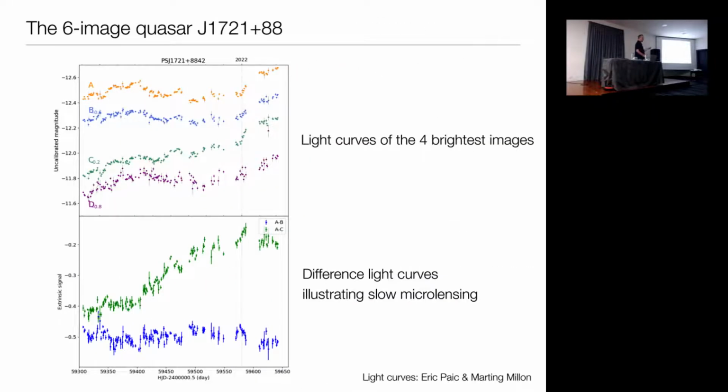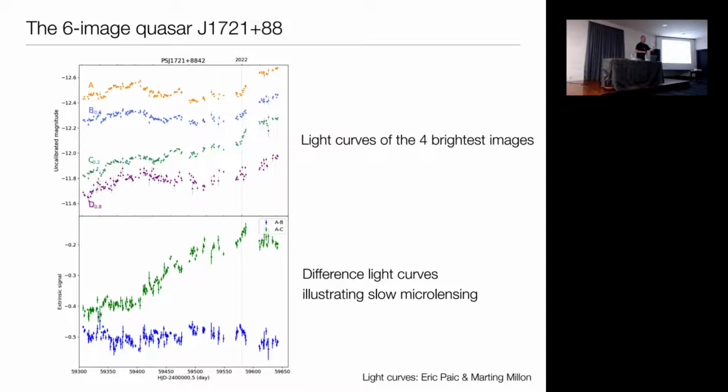Just to show you an example of the slow microlensing, now we take the difference, the light curve of the differences between A and B, between A and C. So this is between A and C. So you subtract the two light curves, which means you remove the intrinsic variation of the quasar. That's flat.